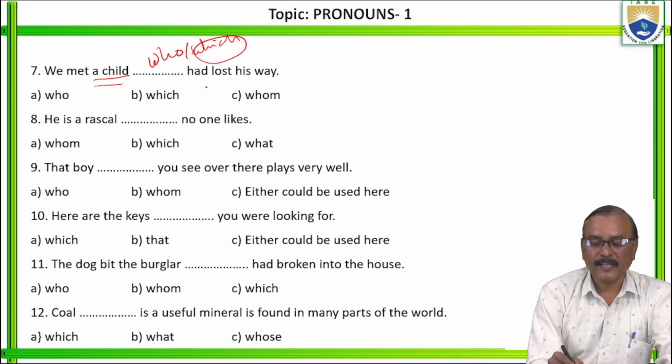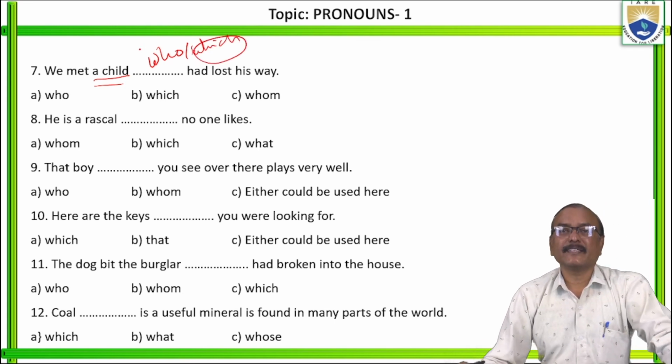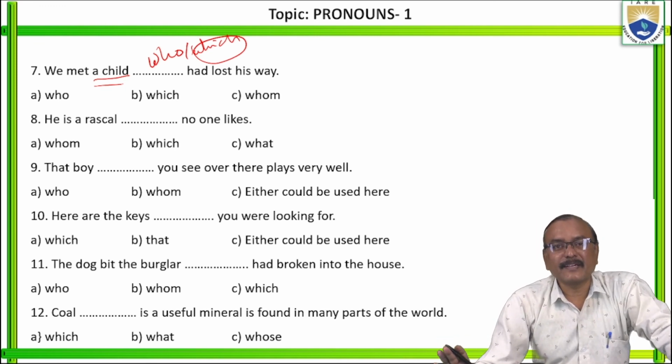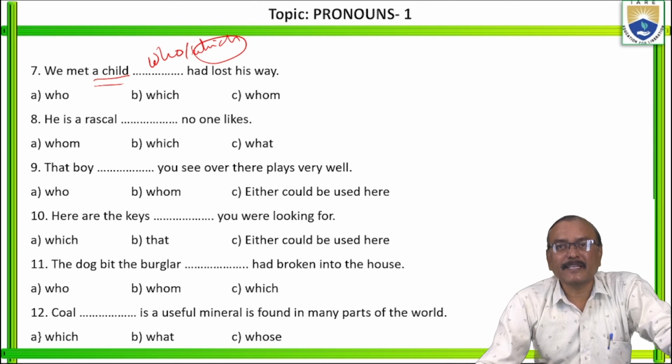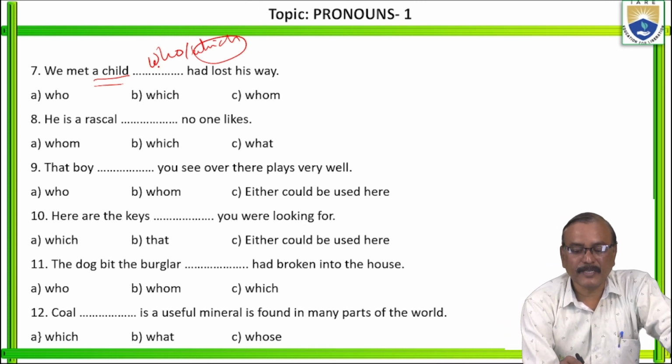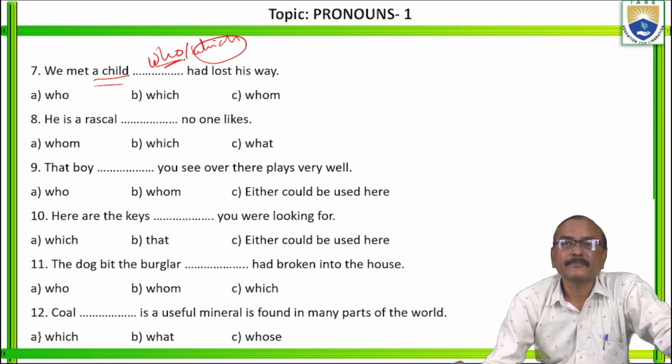This is for neuter gender, but if you take it as personal only, who you can. We met a child who had lost his way, right? Or you can say which had lost, but you are saying his, no? So you can say who. This is the correct one.